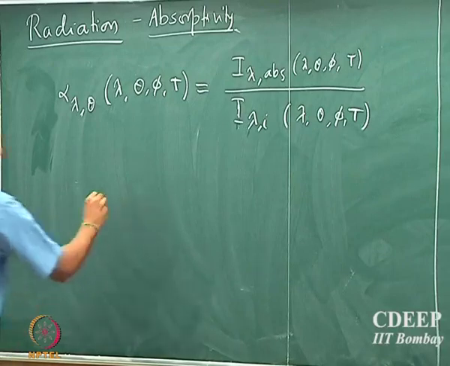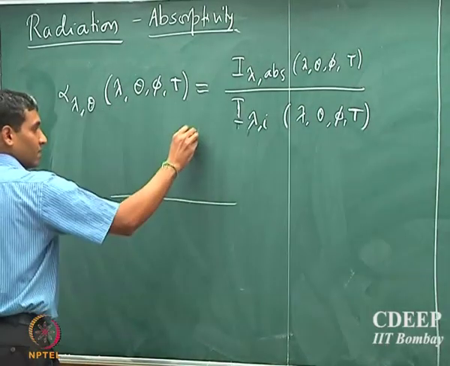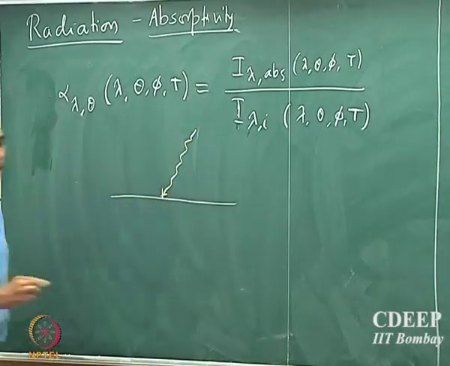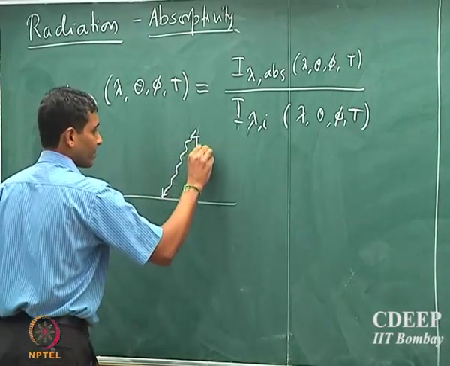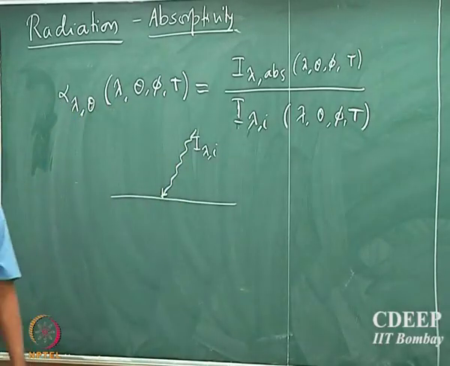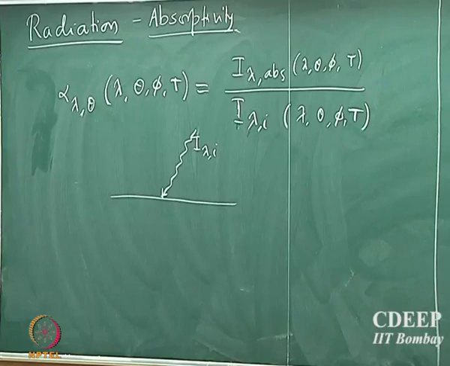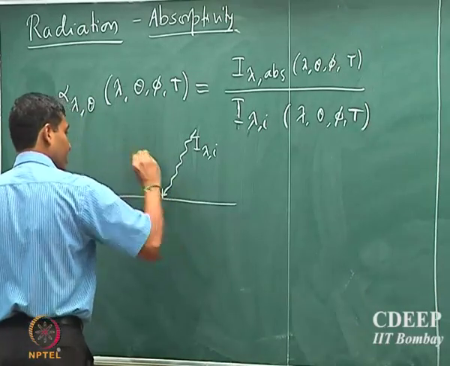Now supposing I draw a surface here, there is a certain amount of radiation that is received by the surface. That's the incident radiation. There are three possible ways in which the radiation can be split. One is it could be reflected.